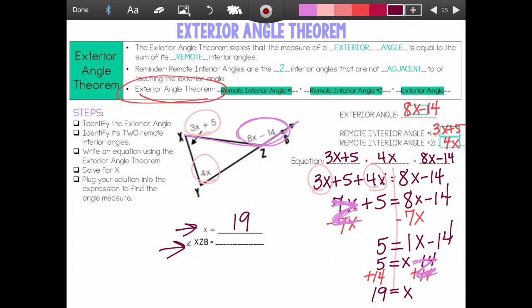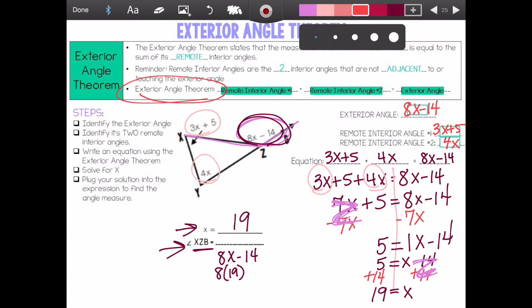But again, my question was to find the measure of angle XZB. So I'm going to take my solution 19 and plug it into the exterior angle right here, which is 8x minus 14. So wherever I see the x, I'm going to plug in 19. Because again, that's my solution that we just solved for.